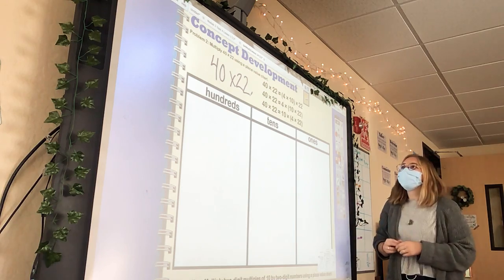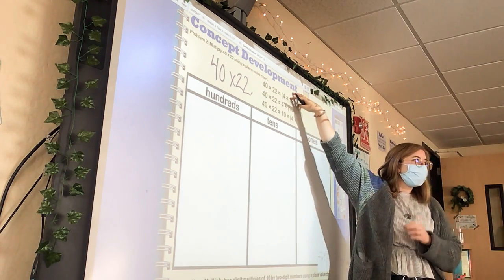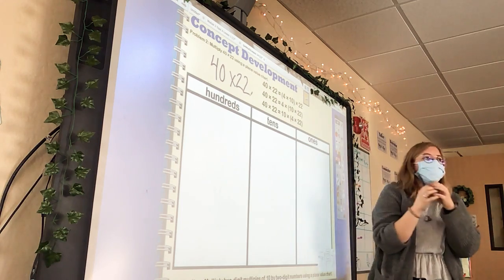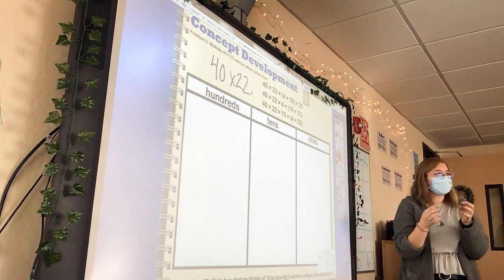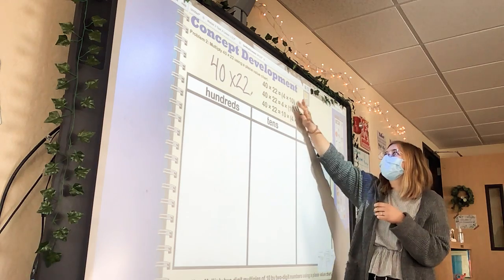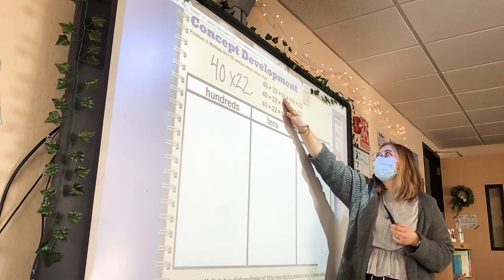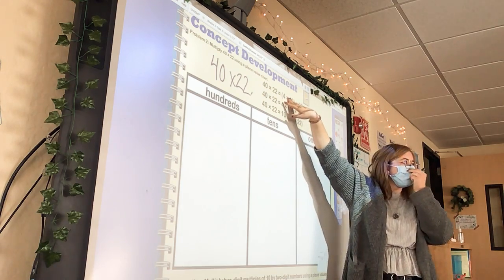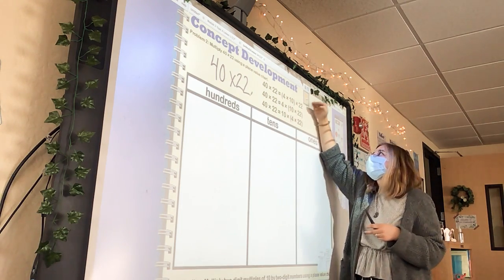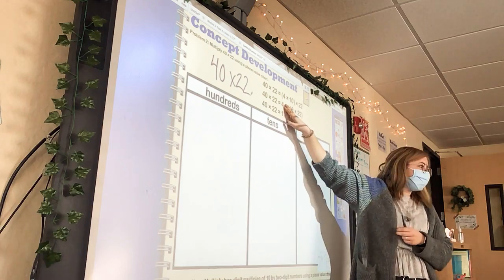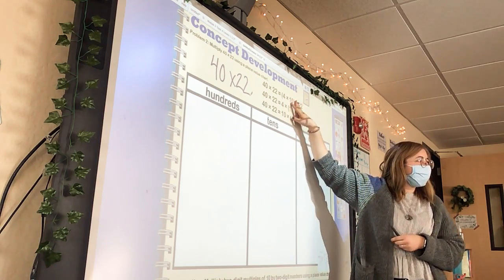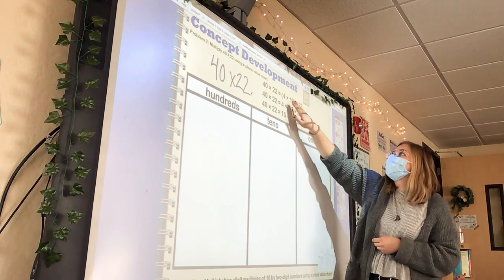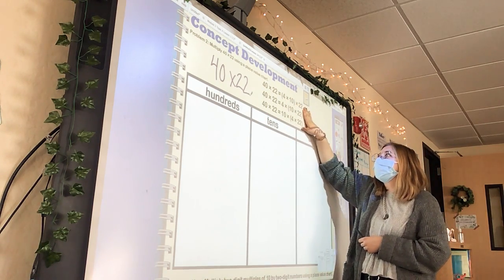I can split that up into numbers that are a little easier to multiply. 40 times 22 equals 4 times 10, the product of 4 times 10 times 22. It's still saying the same thing. What is 4 times 10? 40, so this is still saying 40 times 22.